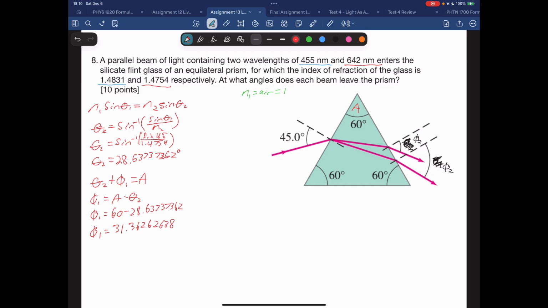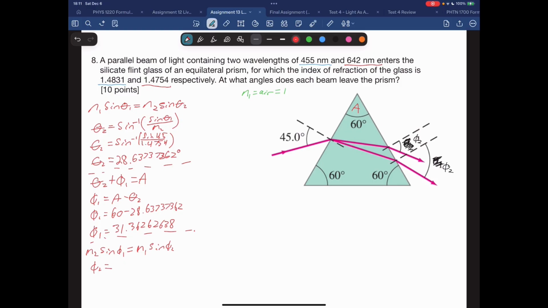Great, so that is my angle of incidence. Now, I'll break these up with dashed lines, just so it's a little bit clearer. My second Snell's law here, this is going to be n2, because we are starting in the prism. n2 sine phi 1 is equal to n1 sine phi 2, because we're leaving and going to air, the original medium again. I'm looking for phi 2.